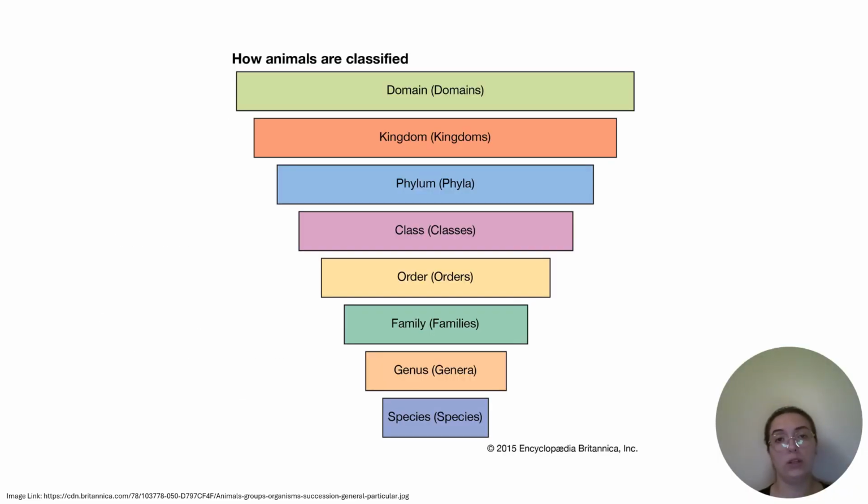Getting a little more into what I mentioned on the previous slide, here's a diagram that illustrates how animals are classified. The broadest classification is domain, which is at the top of the pyramid, or this large one over here. And the most specific classification level is the species at the bottom. Most people are at least somewhat familiar with the species level of classification.